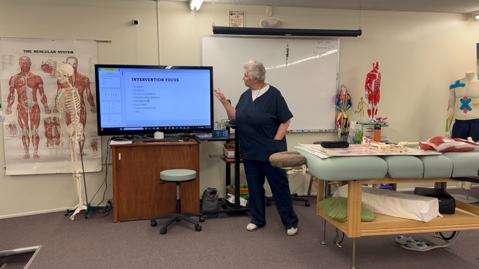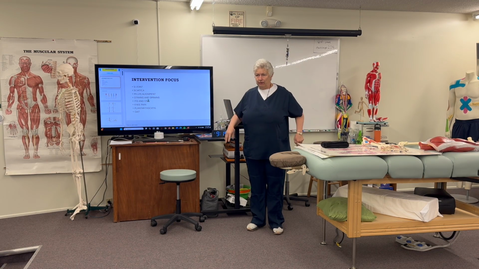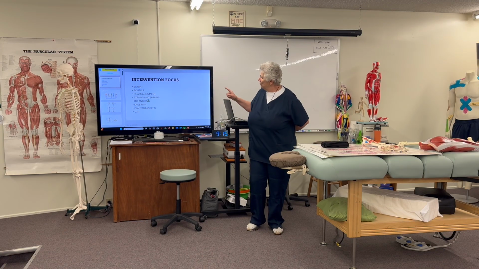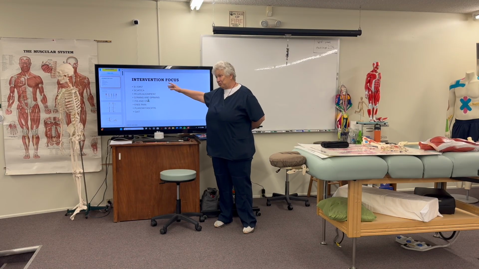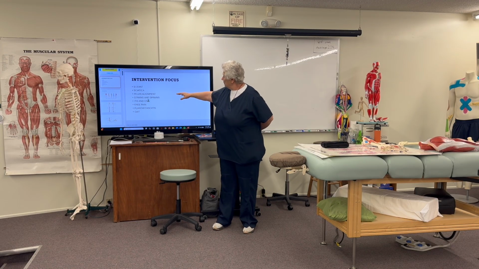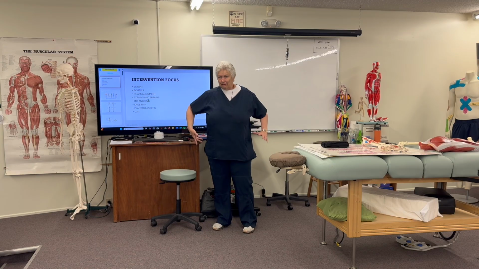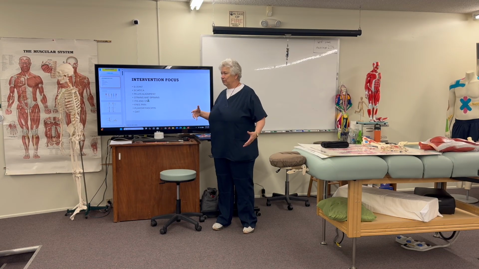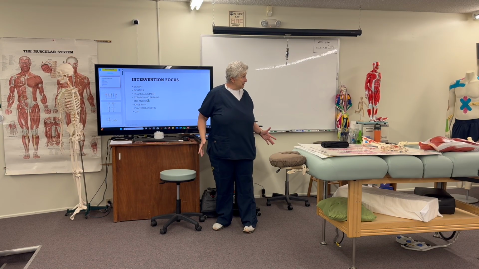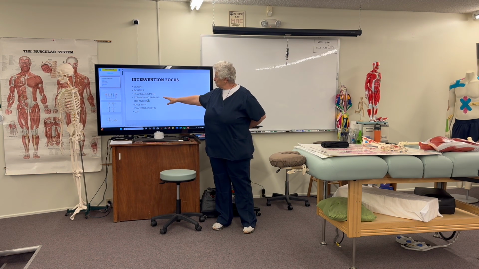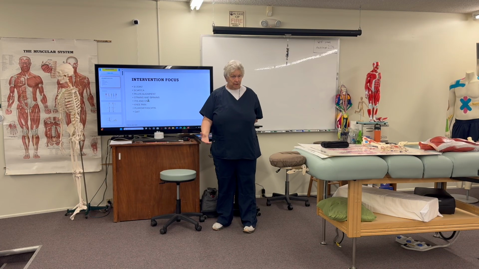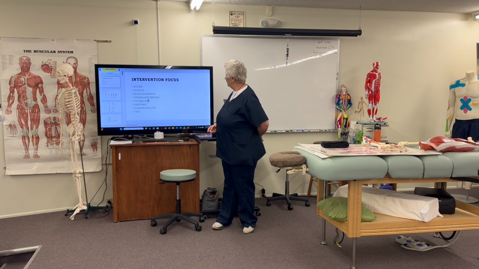So the SI joint is a big area when we look at this. Along with that, you get into sciatica or pseudo-sciatica, and the pelvis, making sure that there is some level of alignment in the pelvis. We also need to look at strains and sprains as an injury in rehab.